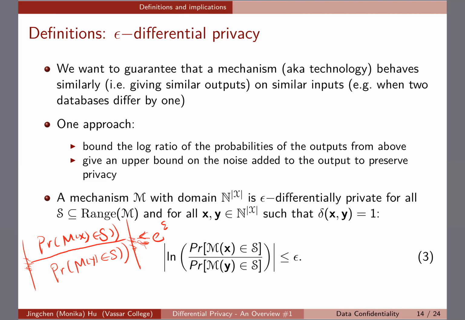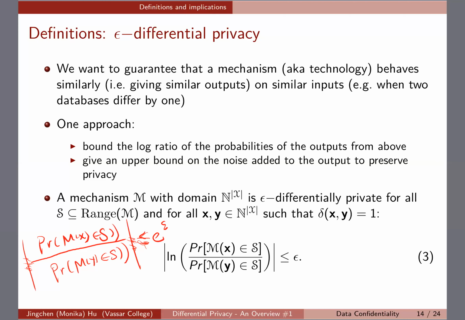Well, this is a bound. This is the maximum difference in terms of the log ratio of probabilities that we allow the output to have. Taking the upper bound gives us the maximum possible value of the change of the log ratio. This is a way to think about how we're bounding from above how the two outputs could differ from each other.